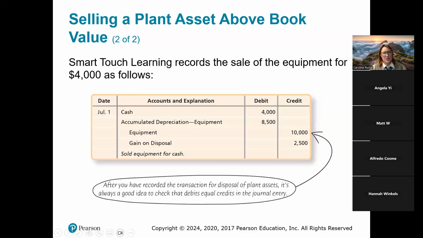Okay, so in this case, we still got 8,500 of depreciation, $10,000 worth of equipment. But we got $4,000 cash, so these two sides don't balance. So this gain of 2,500 is going to be our plug figure that makes these two sides balance.